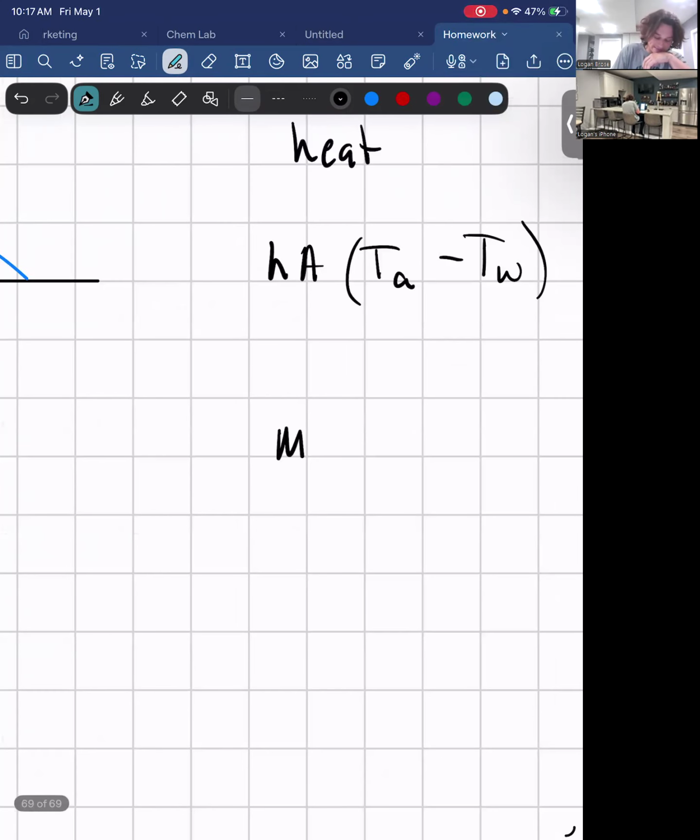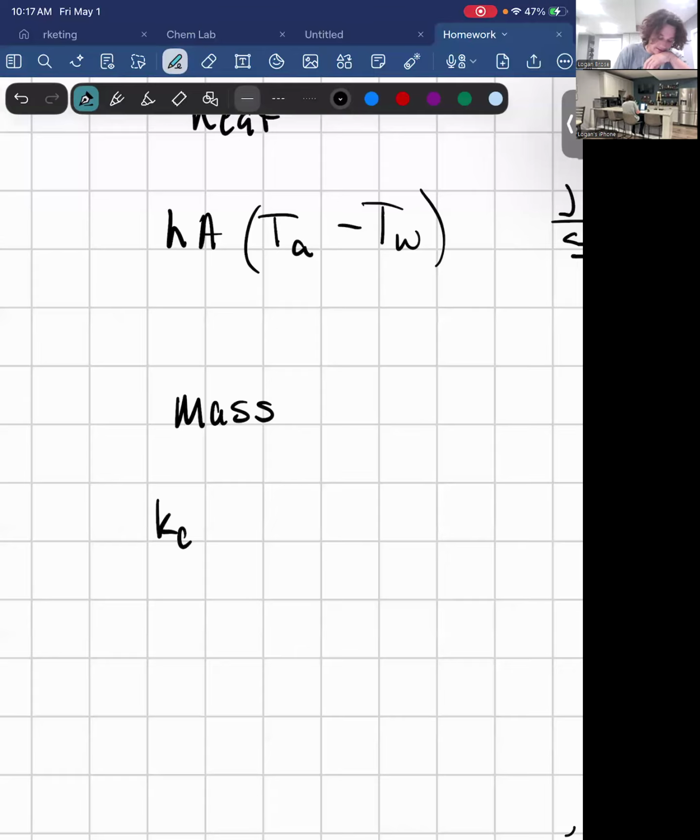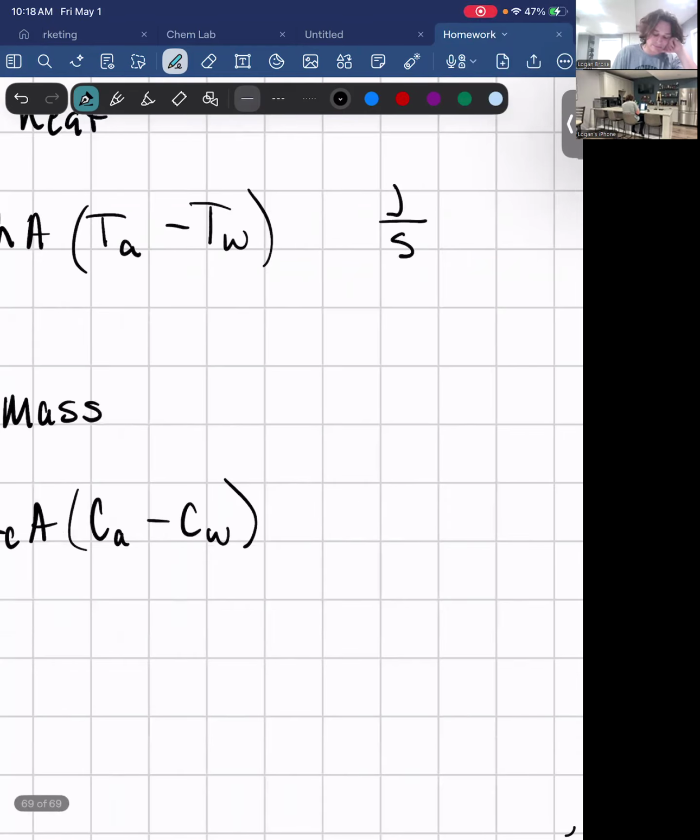And so for our mass, we have our Kc times our cross-sectional area, and the gradient here is going to be our concentration. So we have the concentration of the air minus the concentration of the water. And so this has units of moles per second.